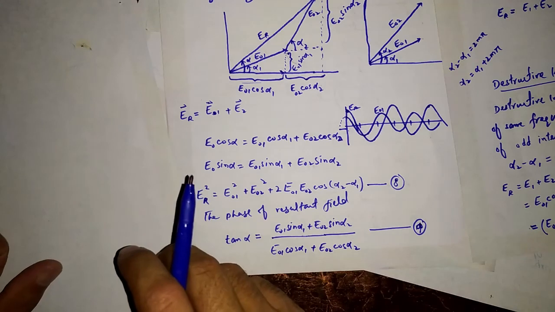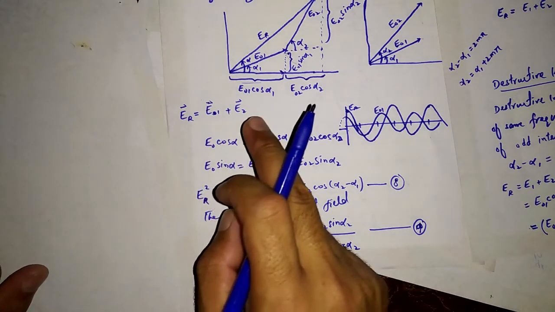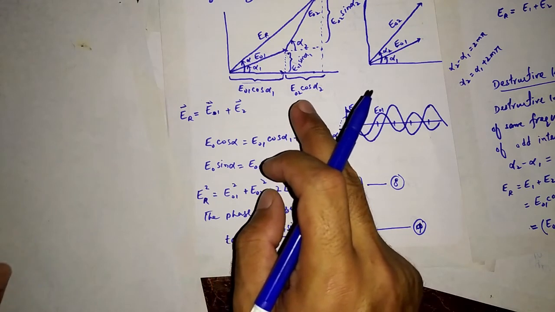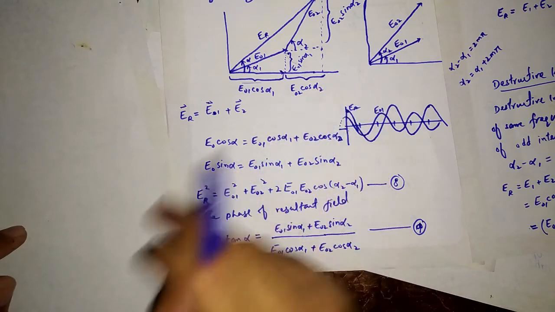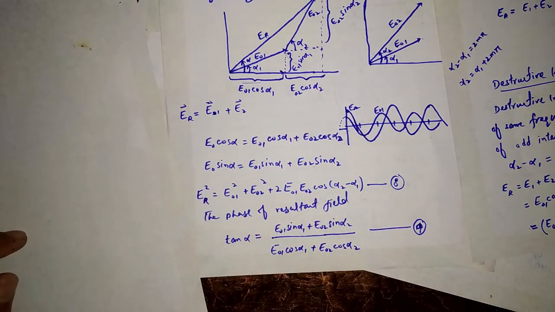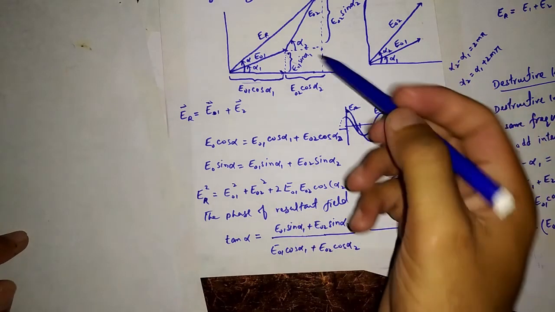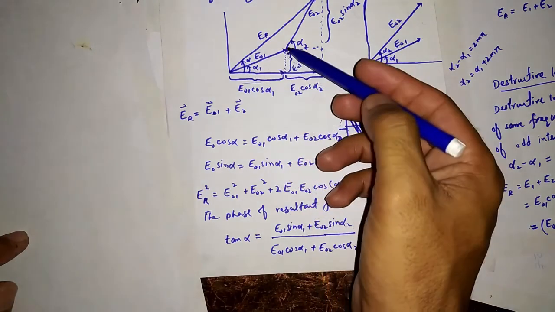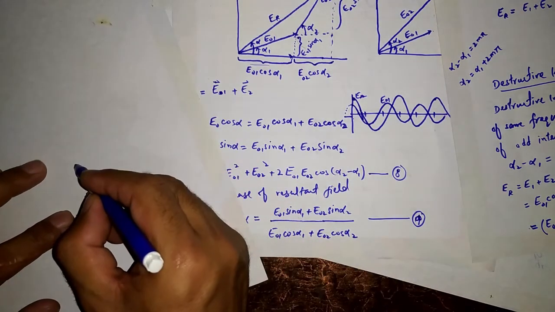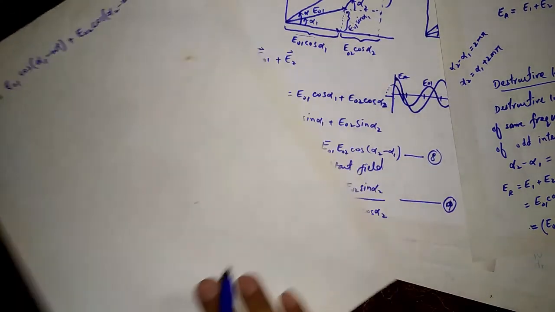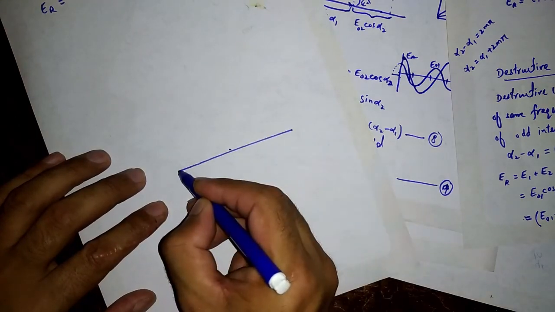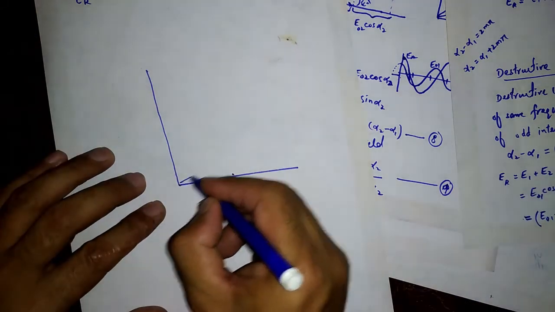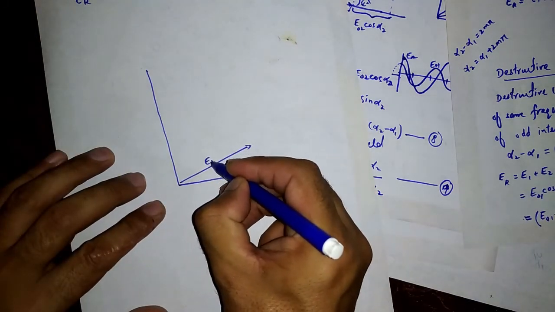Also, it must be noted that if more than two waves arrive at a point in space, which have the same frequency but differ in phase, and we want to find the resultant field at that point, then we have to treat them as complex quantities and arrange all the waves vectorially.